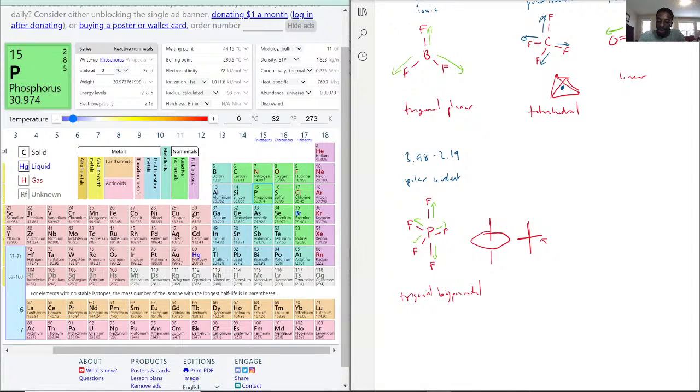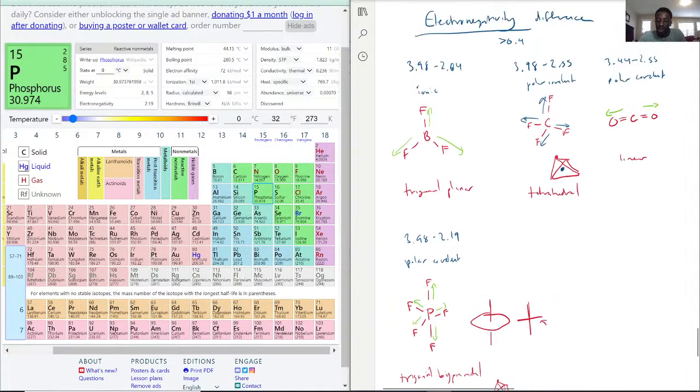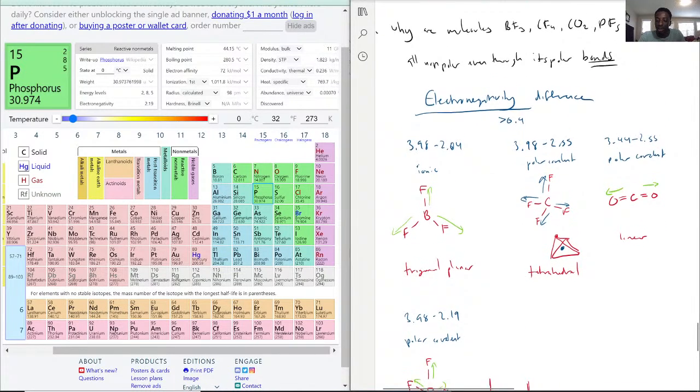Because it kind of looks like you have the same type of pyramid thing, but instead of just being one, there's another dot down there, and they attach like that. It looks a bit more messy, which is why I like to just draw this picture instead. But this is what we're dealing with here, and the main middle part is kind of chilling somewhere in that middle. So that is why this one is also non-polar, because everything's pulling the same.